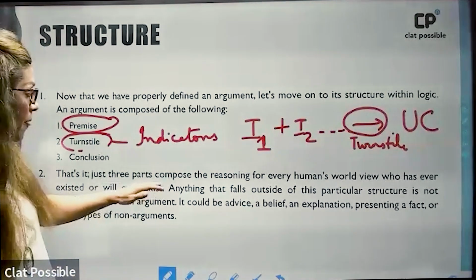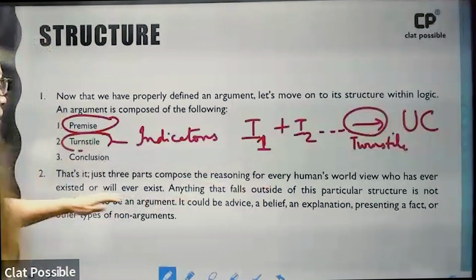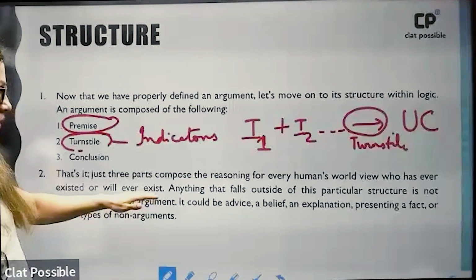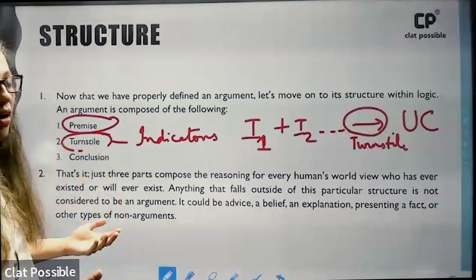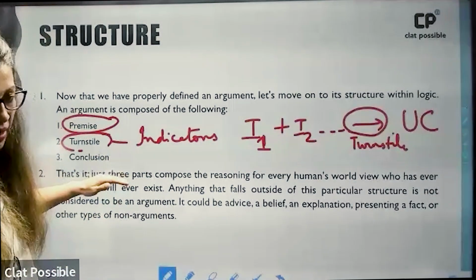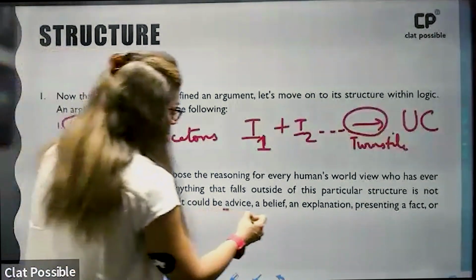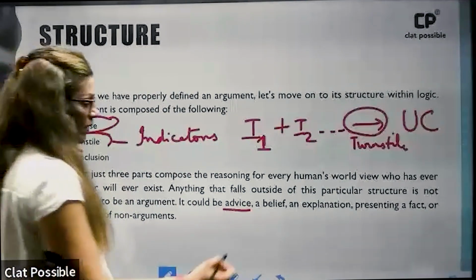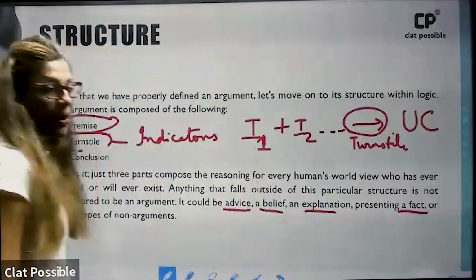Just remember, these are the only parts you will read in arguments. If any part is missing, except the turnstile, which is only a facilitator to reach the conclusion, then you are just reading one idea, which could be a belief, an advice, an explanation, or just a fact, but not an argument.